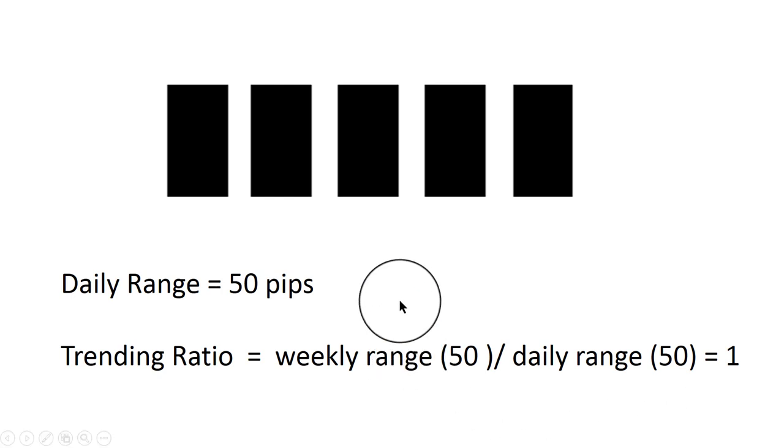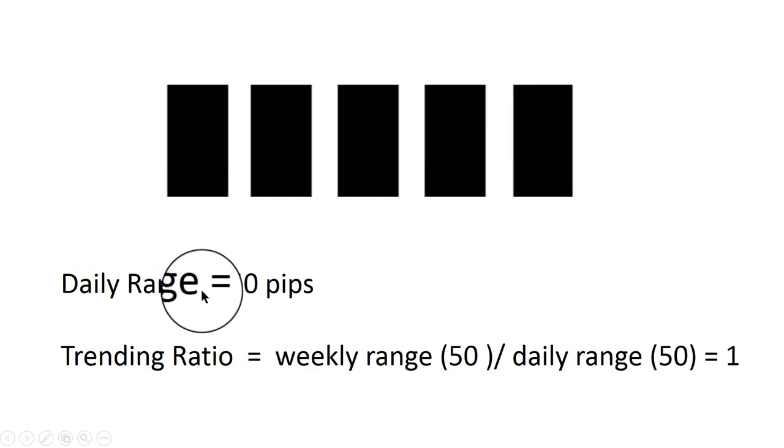So let's take a currency that trades on a Monday, Tuesday, Wednesday, Thursday, and Friday, and those are what those blocks indicate, and it is trading a range of 50 pips every day. But because it's going sideways, the range for the week is also 50 pips.